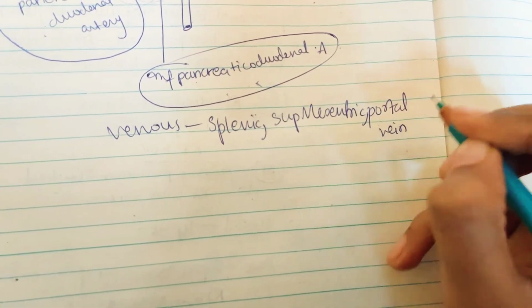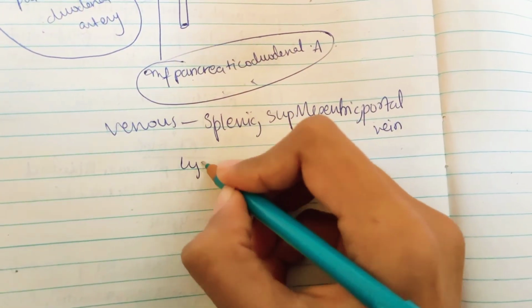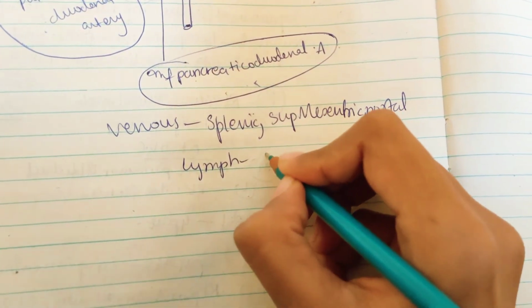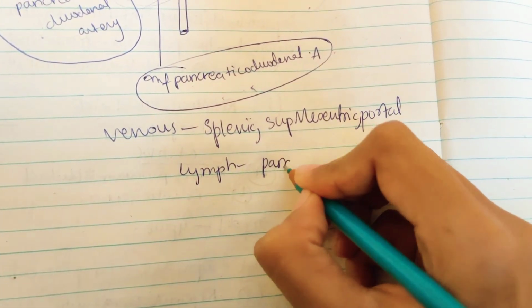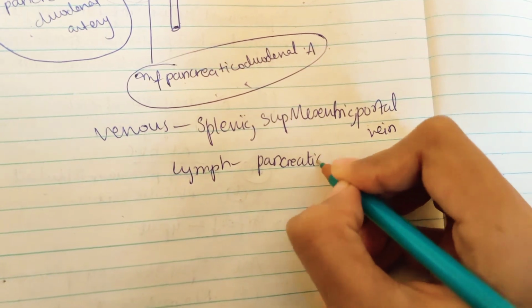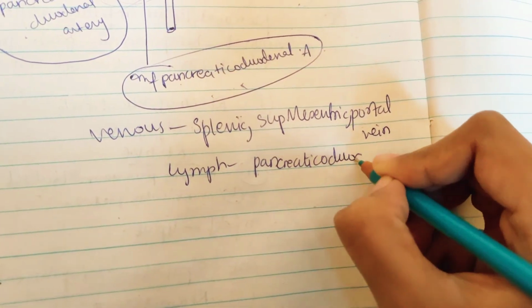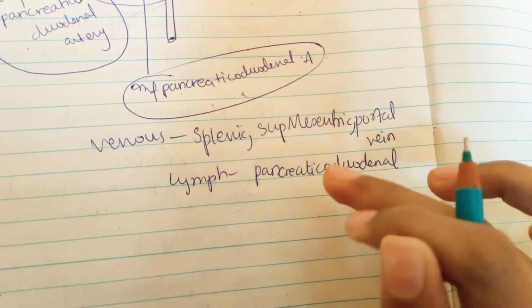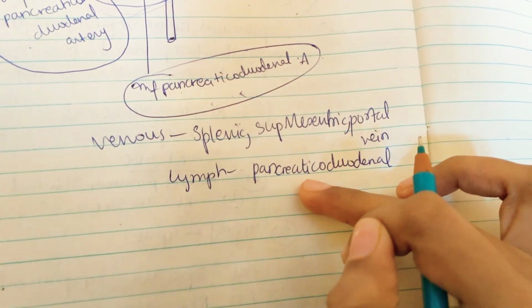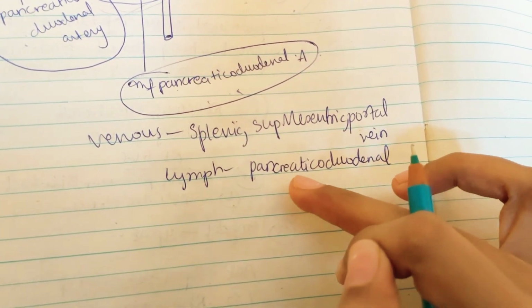Next, coming to lymphatic drainage, most of the lymph in the duodenum ends in the pancreatico-duodenal nodes, the pancreatico-duodenal lymph node, which is present inside the curve of the duodenum at the junction of pancreas and duodenum.